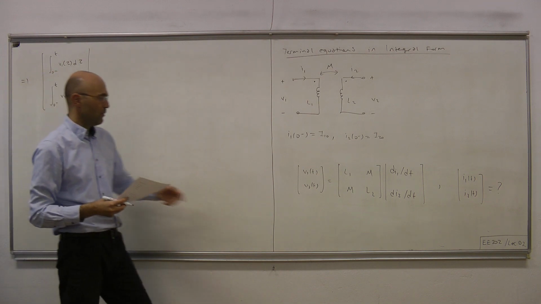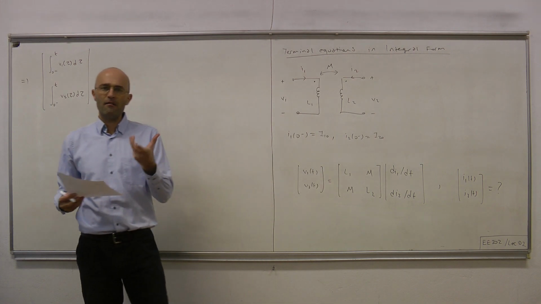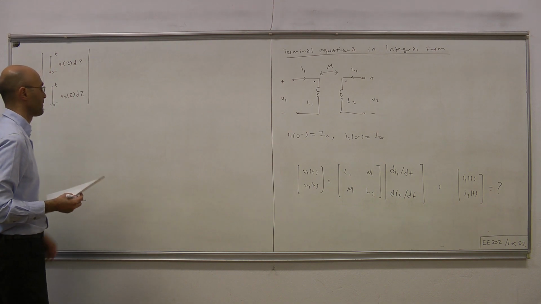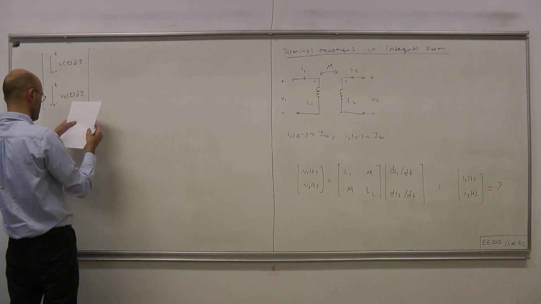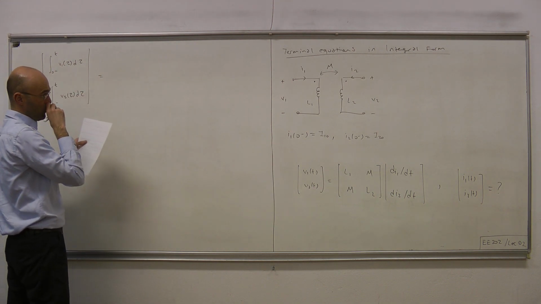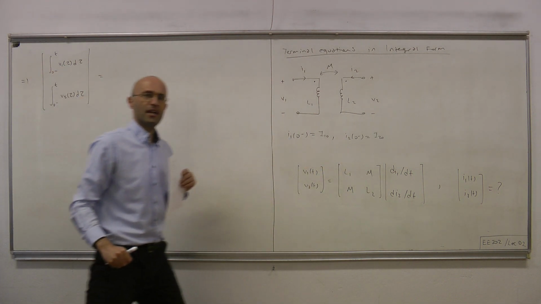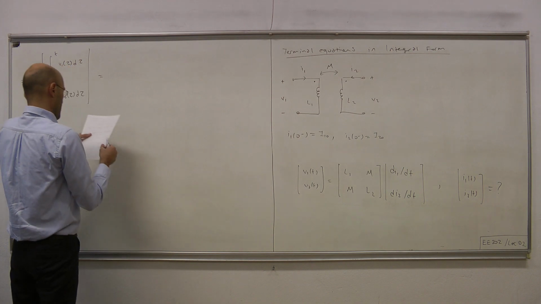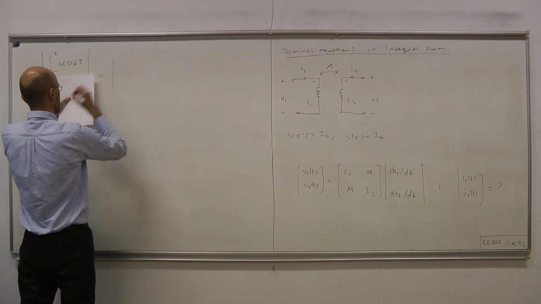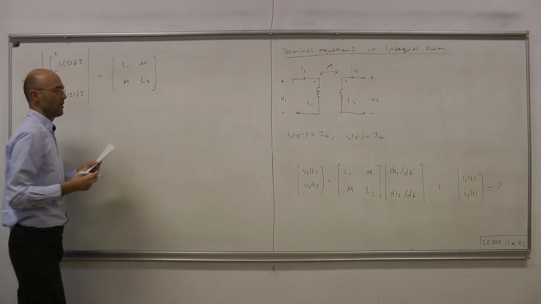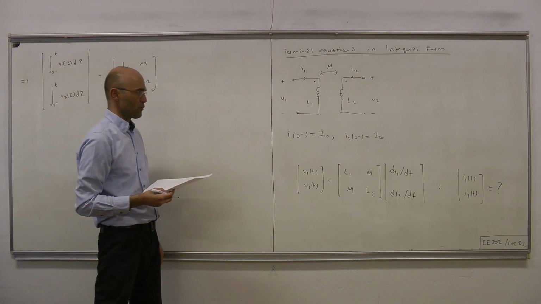Okay, so that's the integral of this vector. Integrating a vector simply means integrating separately every entry. And then that equals, since it's a constant matrix, we can just carry it outside the integration, and therefore we can write it exactly as it was in the first term of the equation.